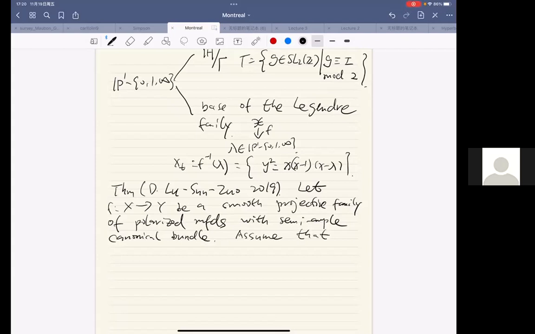Assume that the moduli map, or just the classifying map, from Y to the moduli space of those polarized manifolds with the Hilbert polynomial is quasi-finite, namely it has finite fibers, and Y is a smooth quasi-projective variety. Then we prove that Y is Picard hyperbolic.